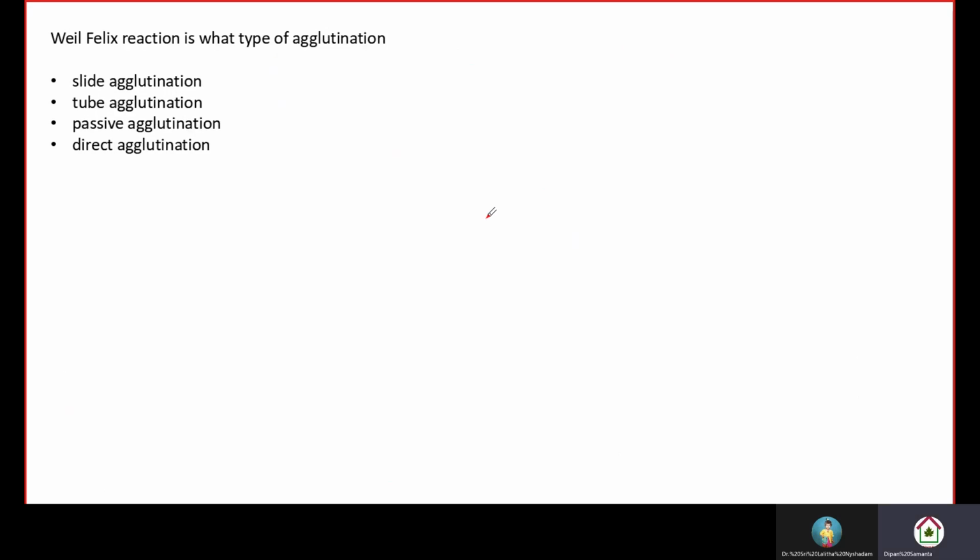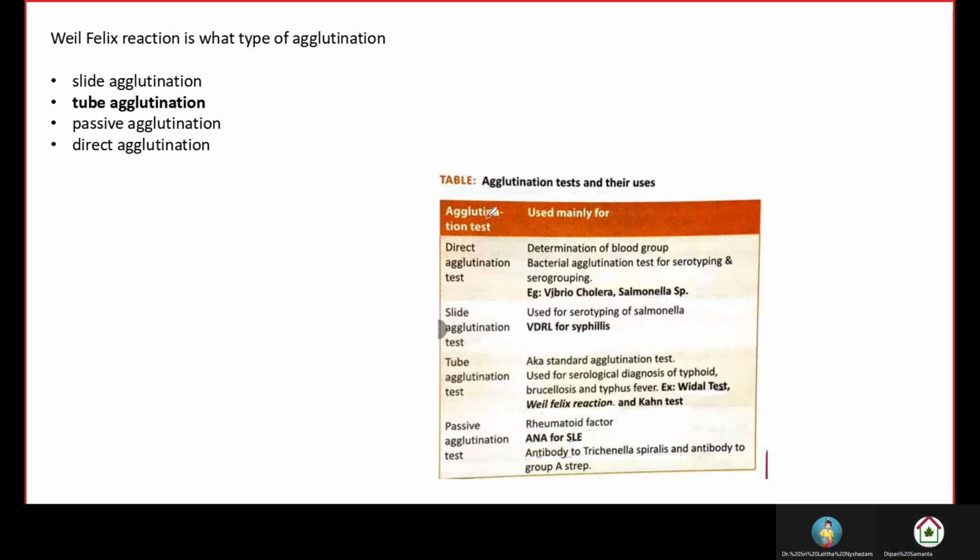Okay, next question. Widal reaction is what type of agglutination? Slide agglutination, tube agglutination, passive agglutination, or direct agglutination. And the answer is tube agglutination.